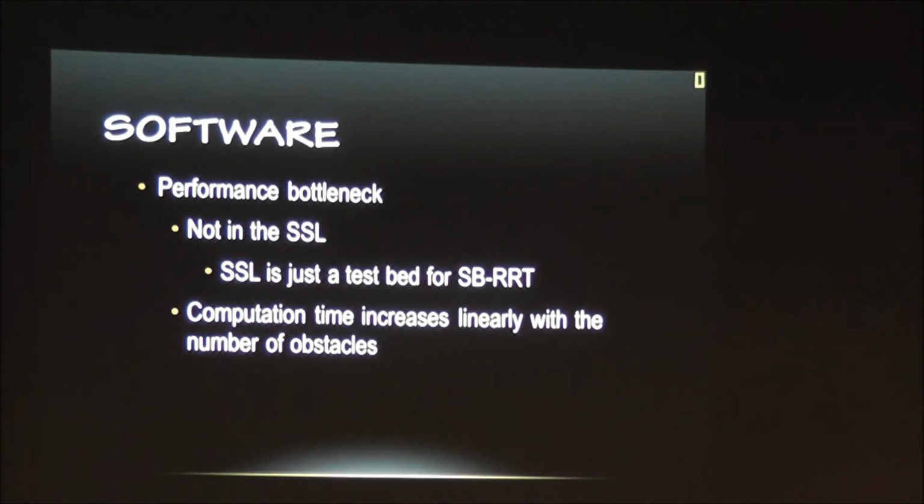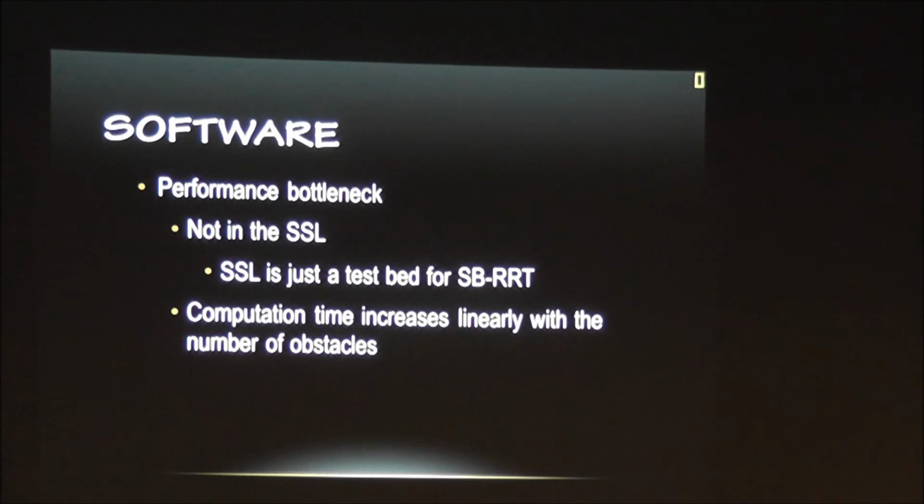It's not a problem in the SSL Small Size League, because here we have at maximum 12 robots and 12 obstacles, so there are not many problems with the performance. But we use SSL as just a test bed for our method, so we have to push it to the best performance level we can.